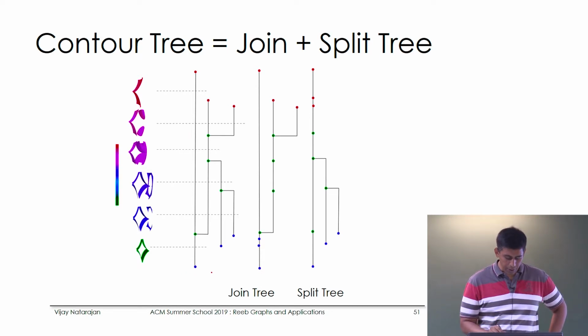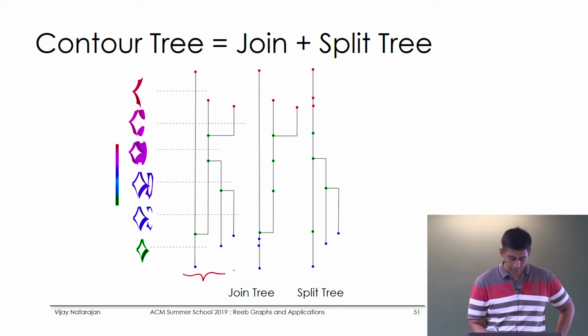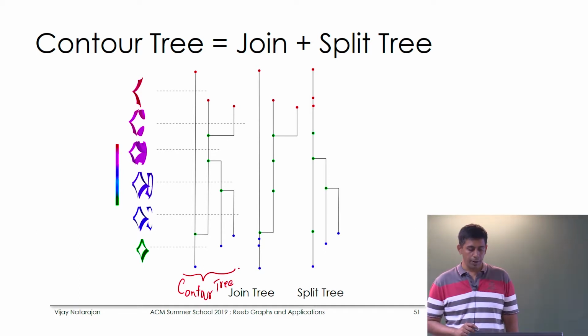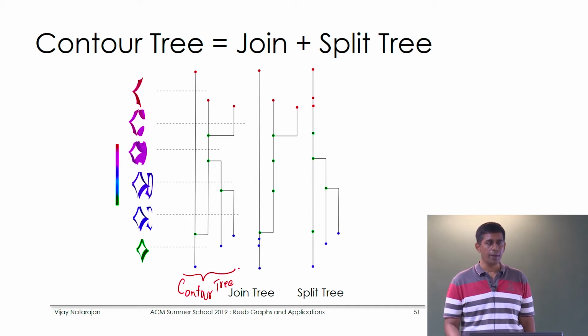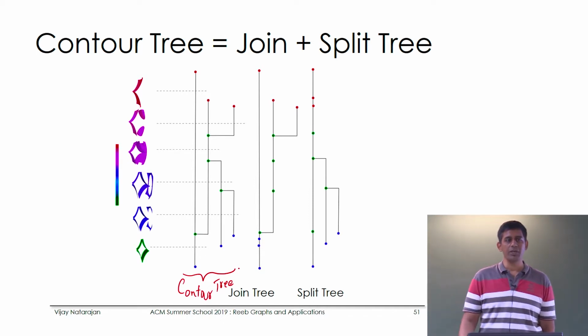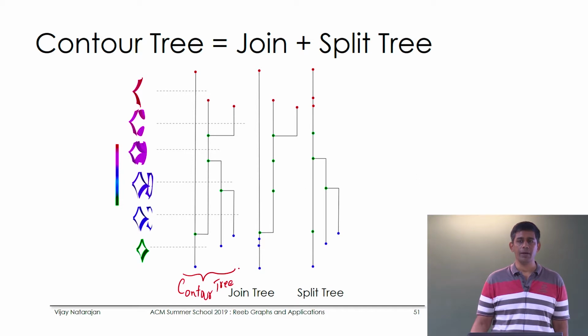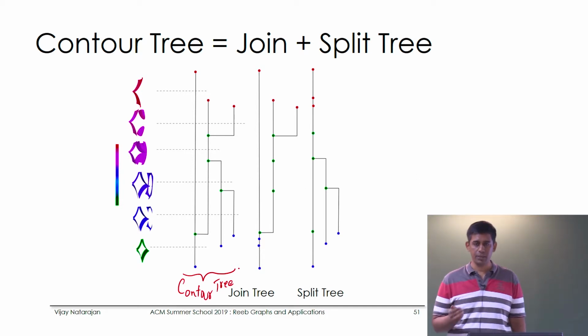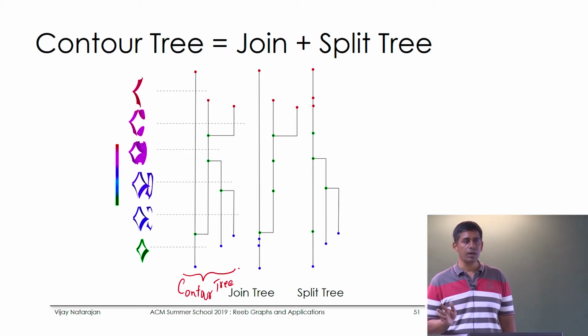So, what you see here is the contour tree. And we want to compute the contour tree. The first observation is that the contour tree can be written as the sum of two simpler trees, and the two trees are defined in the following way.